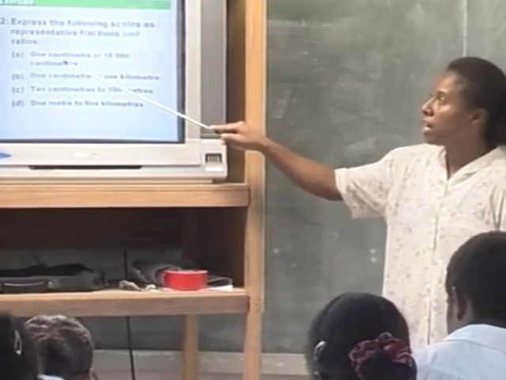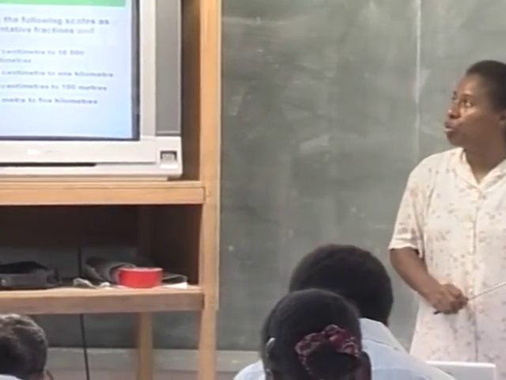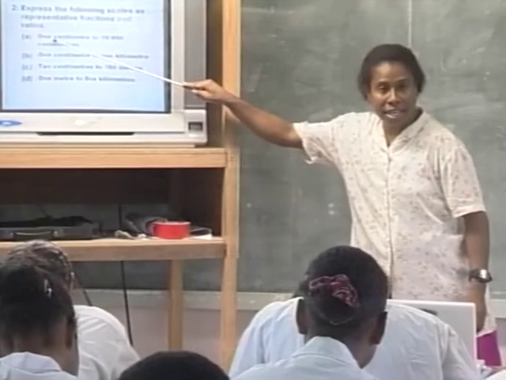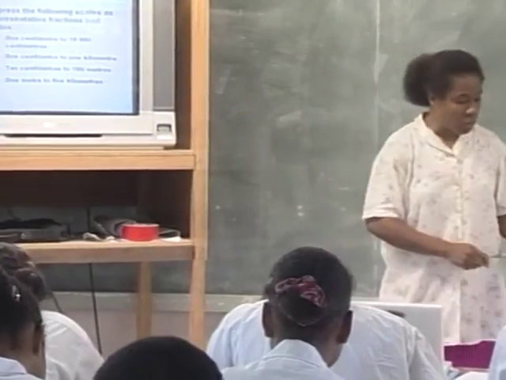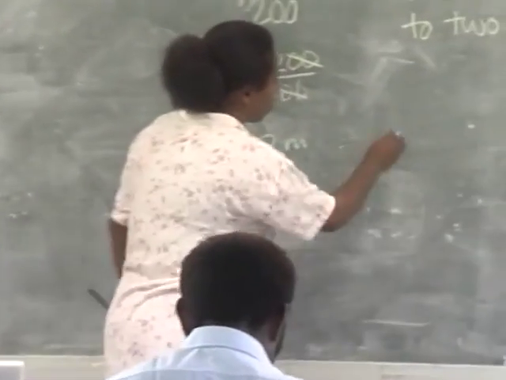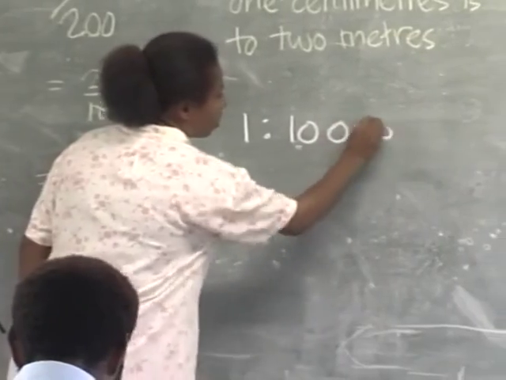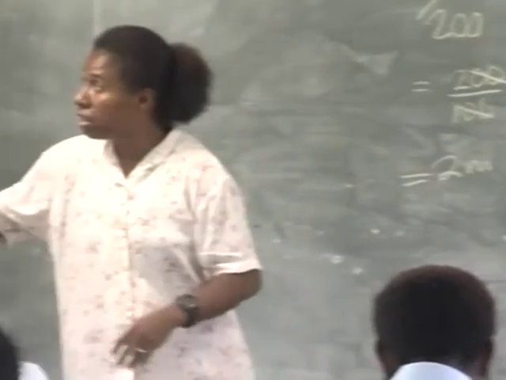So the first one, a statement of 1 centimeter to 10,000 centimeters. To put that in ratio, do we need to do any changing, converting, etc.? No, because the units are already the same, and the first number here is already 1. So our answer will simply be 1 is to 10,000.